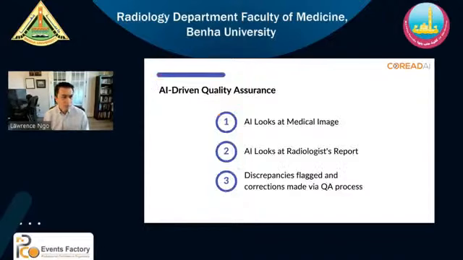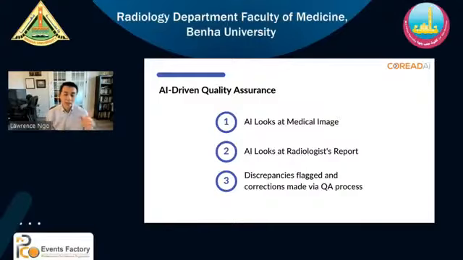The way that works is that we have a vision algorithm that looks at a medical image. We have another algorithm, which is natural language processing, which looks at the radiologist report. Again, this is done after the radiologist has already interpreted the study.